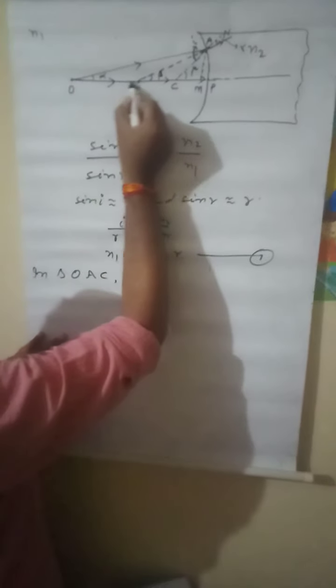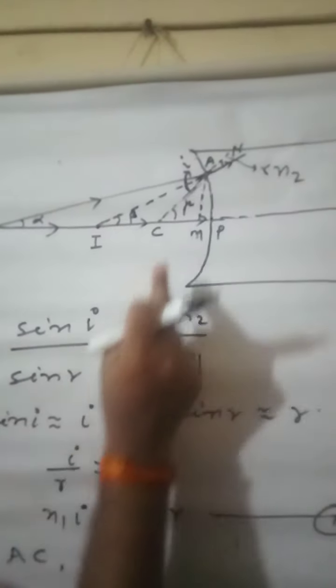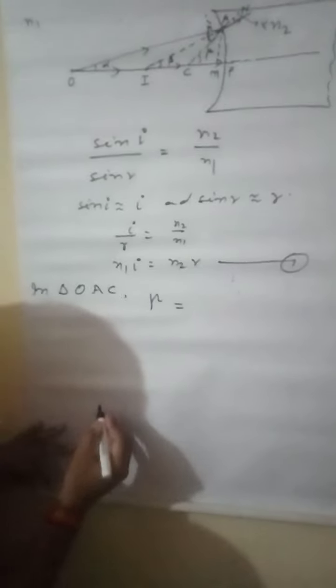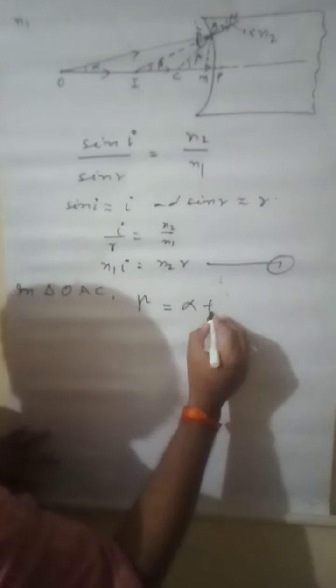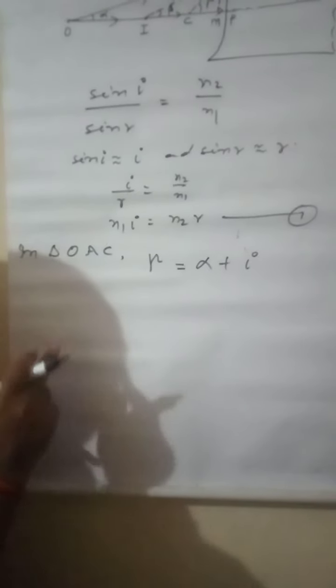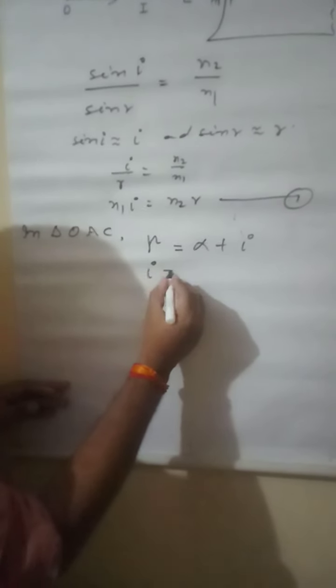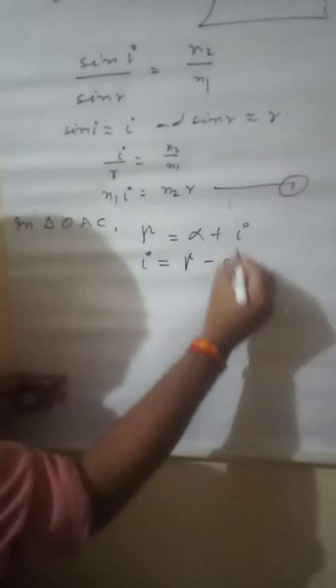I think you are clearly observing it. In angle OAC, there are two interior angles alpha and i, and one exterior angle gamma. It means exterior angle gamma equals the sum of the two interior angles, alpha plus i. But we want i, so i equals gamma minus alpha.